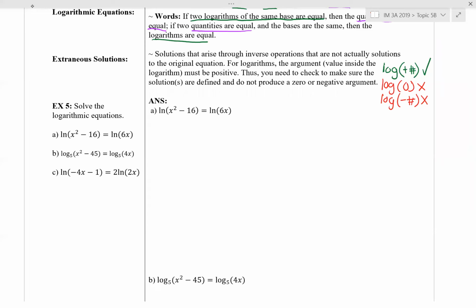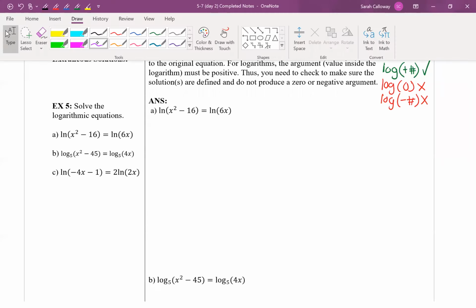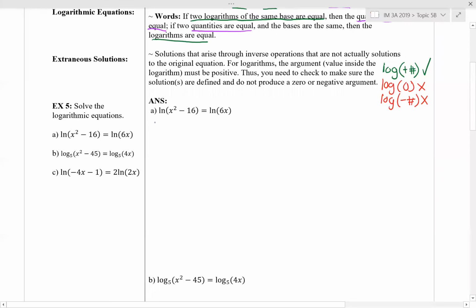Since they both have natural logs, they share the base of e, so I can take the arguments and set them equal to each other. That means I have x squared minus 16 is equal to 6x. Just like we ignored bases when they are the same, we can ignore logs when they are the same, as long as it's just log equal to log.